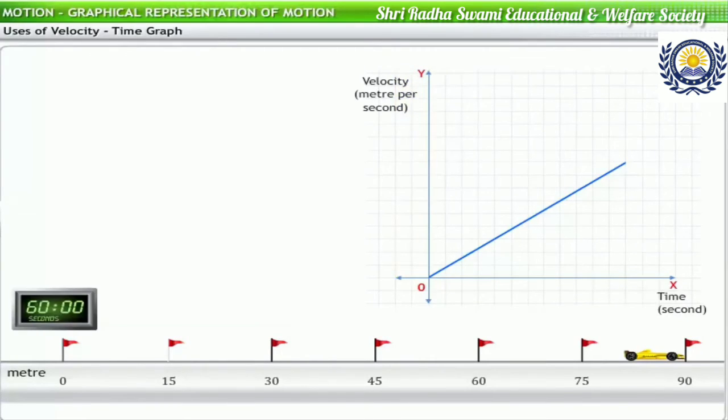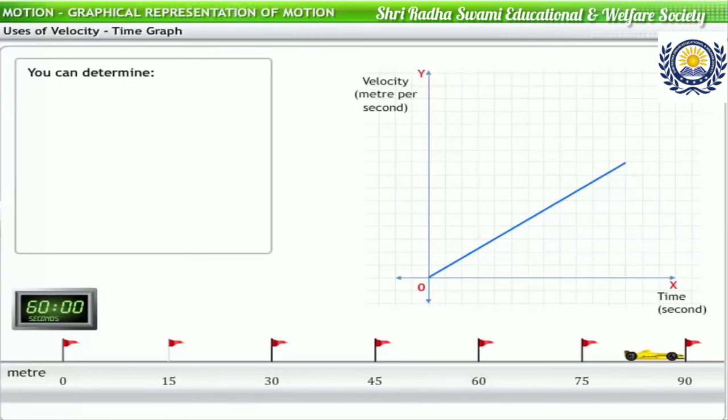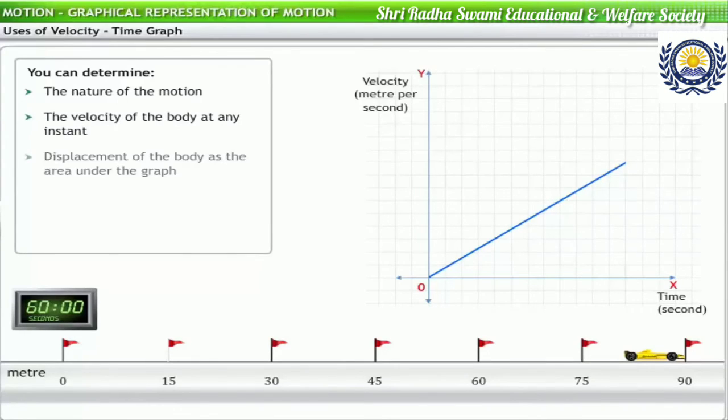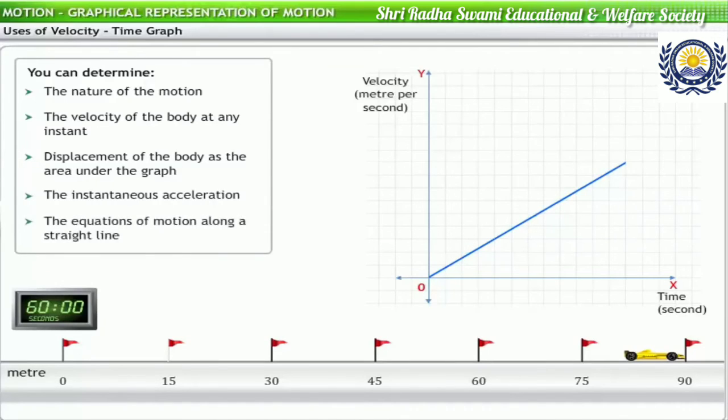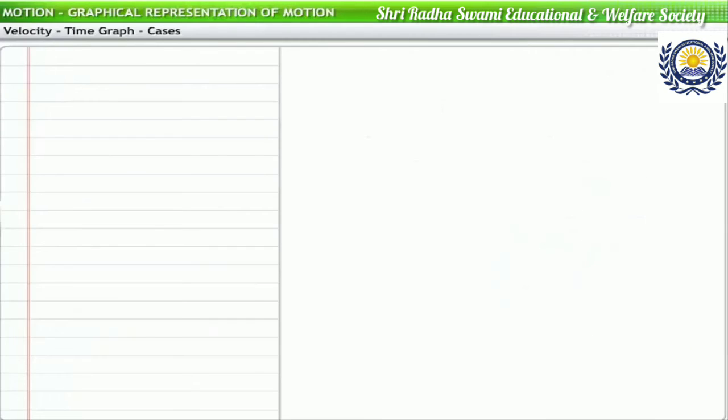Using a velocity time graph, you can determine the nature of the motion, the velocity of the body at any instant, displacement of the body as the area under the graph, the instantaneous acceleration, and the equations of motion along a straight line. Let's consider the different cases that can be represented by a velocity time graph.